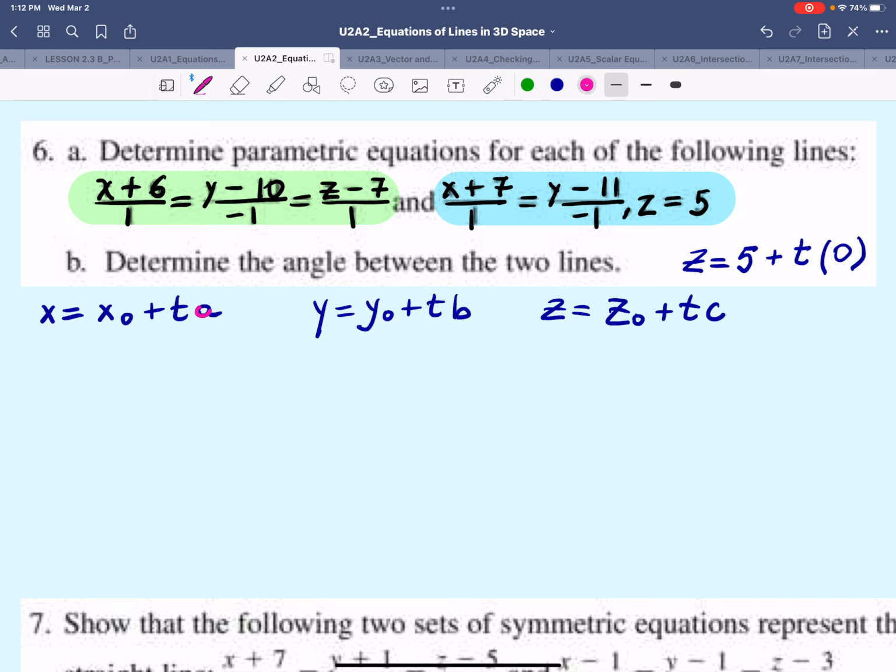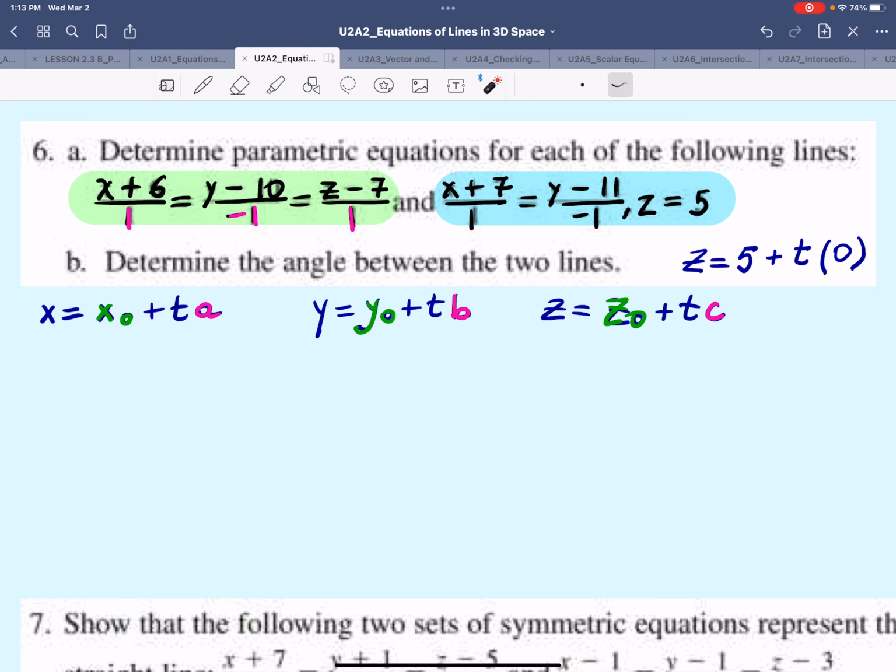Recall that the values of a, b, and c will represent the coordinates of the direction vector. Now, for the first line, that would be 1, -1, and 1. The x0, y0, and z0 will represent the coordinates of the starting vector, and they are found right here.